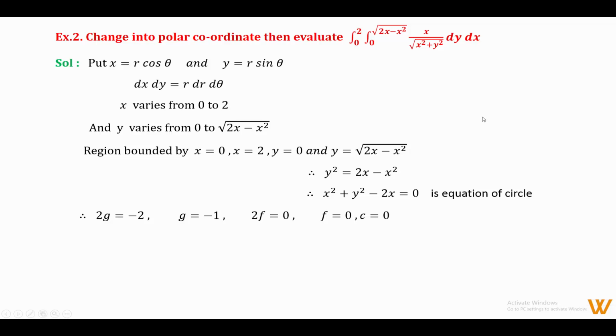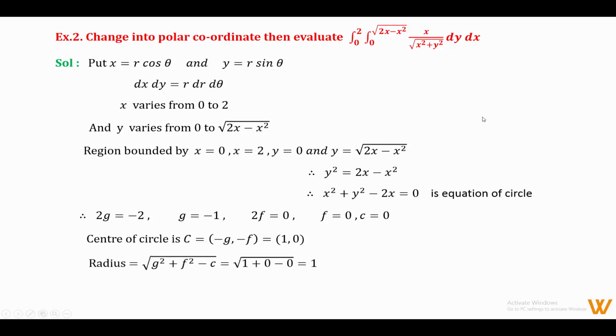Therefore the center is minus g, minus f. The center of this circle is minus g, minus f, so plus 1, 0. And the radius equals square root of g square plus f square minus c, equal to square root of g square is 1, f square 0, c is 0, so root 1 equals 1. The center is 1, 0 and the radius is 1.